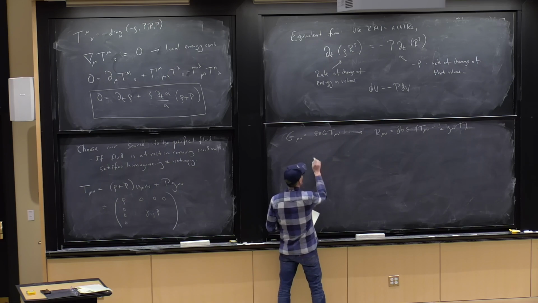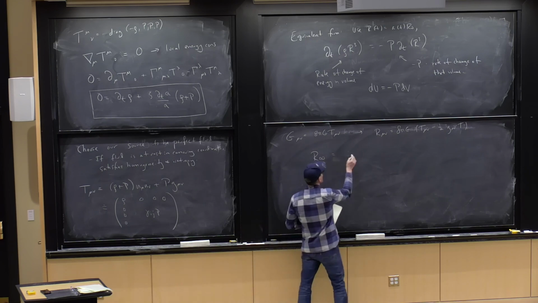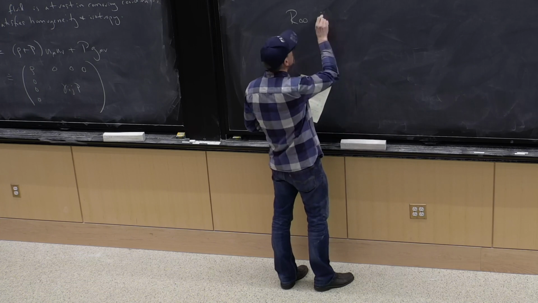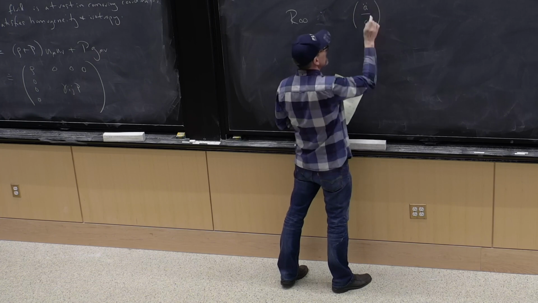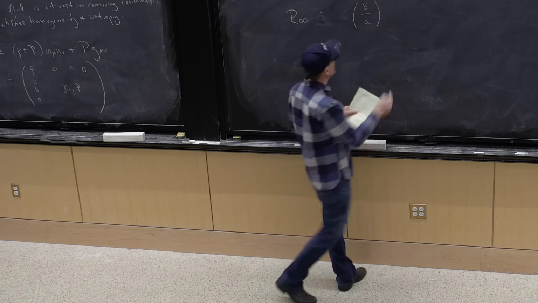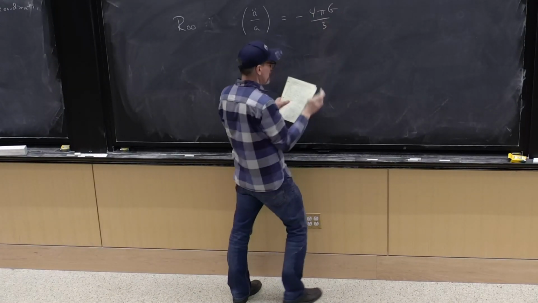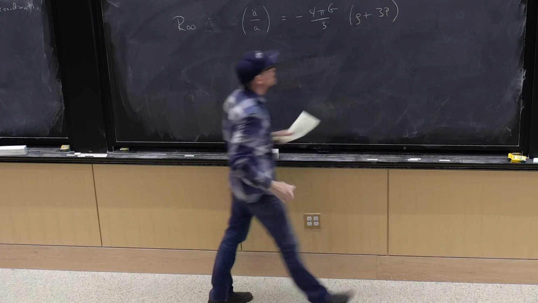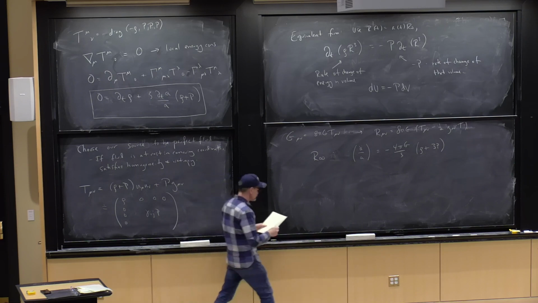And what you find, there are two. If you just look at the 0,0 component of this equation, it tells you that the acceleration of the scale factor, a double dot over a, is simply related to the density and 3 times the pressure.